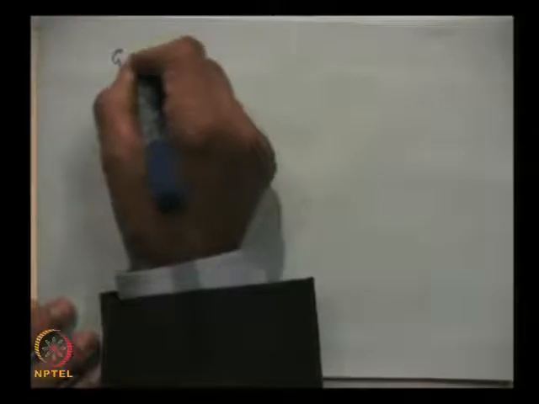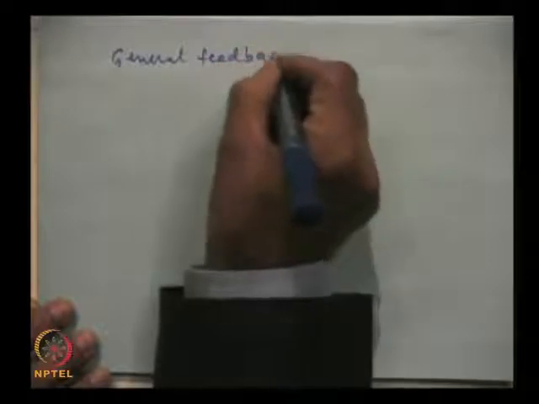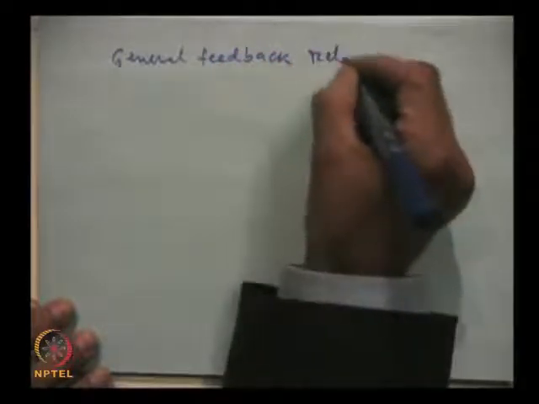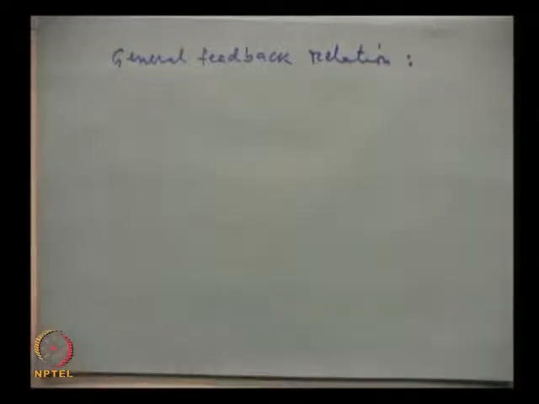Now, having said this, we go for the general feedback relation. First I draw in block diagram the basic feedback amplifier, and then I will explain the terms which are used, and you should get familiar with these terms.